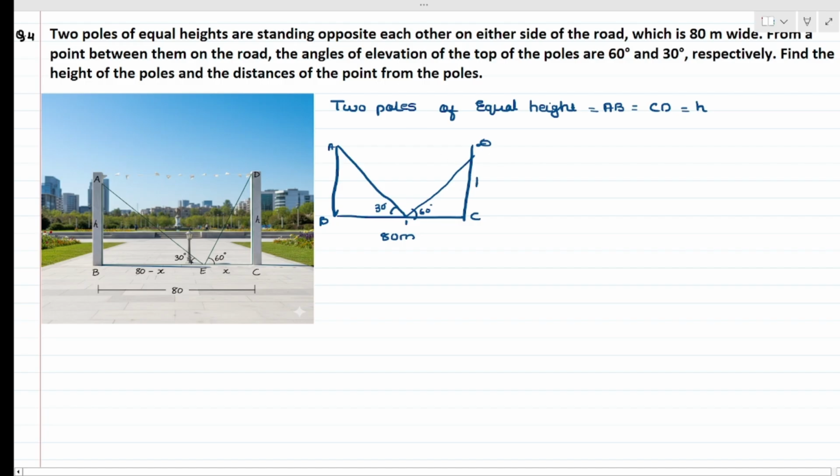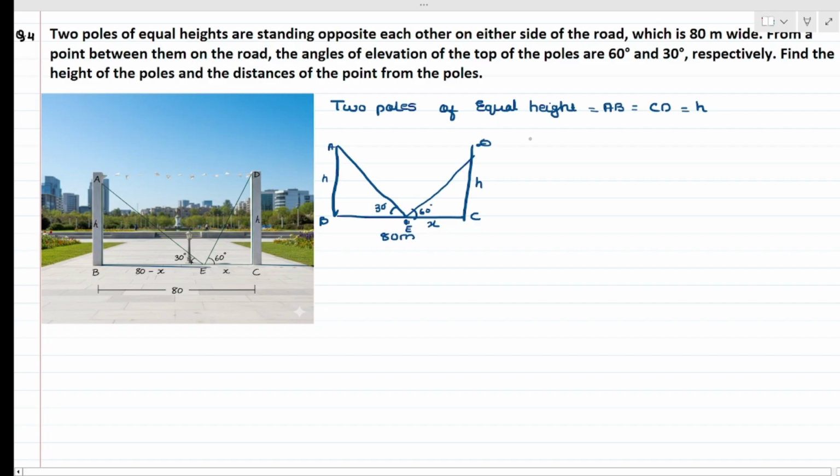That means the question asked is to find the height of the pole from the given distance. So the boy is standing in between. Take this middle point as point E. The 80 meter is the width of your road. That means the whole BC is equal to 80. For this, we are taking our EC as X. If my EC is X, what will be my BE?